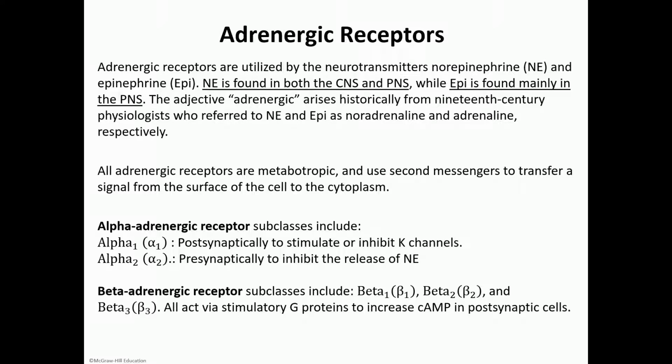So adrenaline, or epinephrine, I should say, has two opposite effects on the exact same structure. So again, it can constrict some blood vessels and dilate other blood vessels due to the fact that it has all of these different kinds of receptors that respond to it.